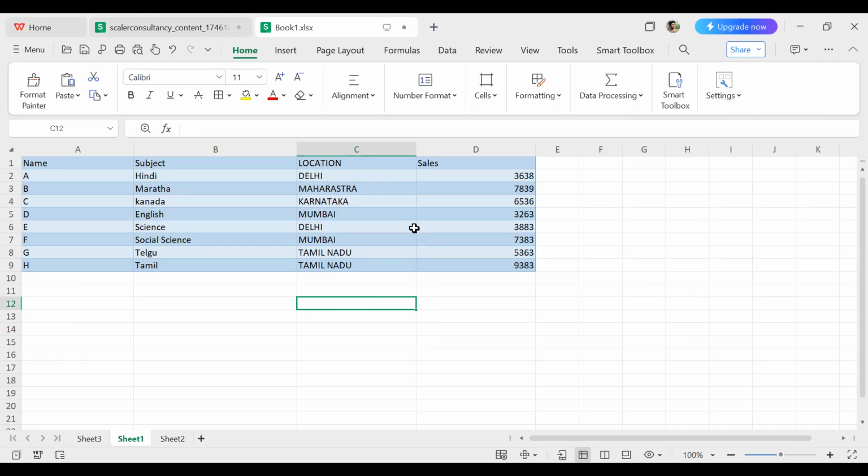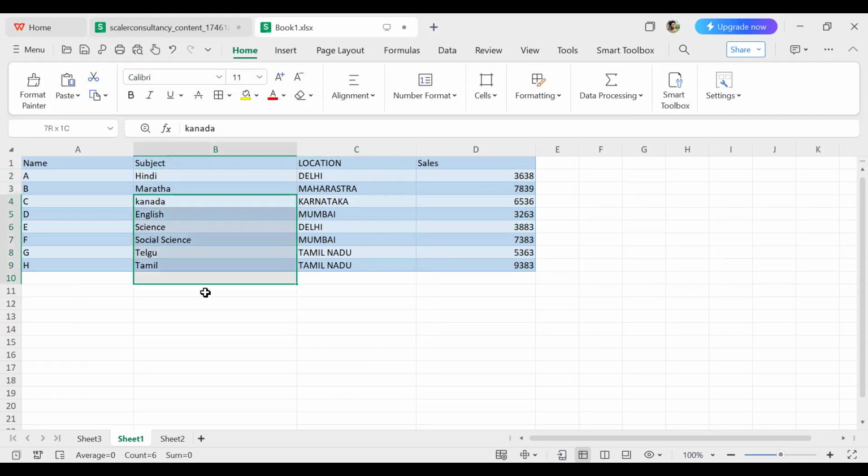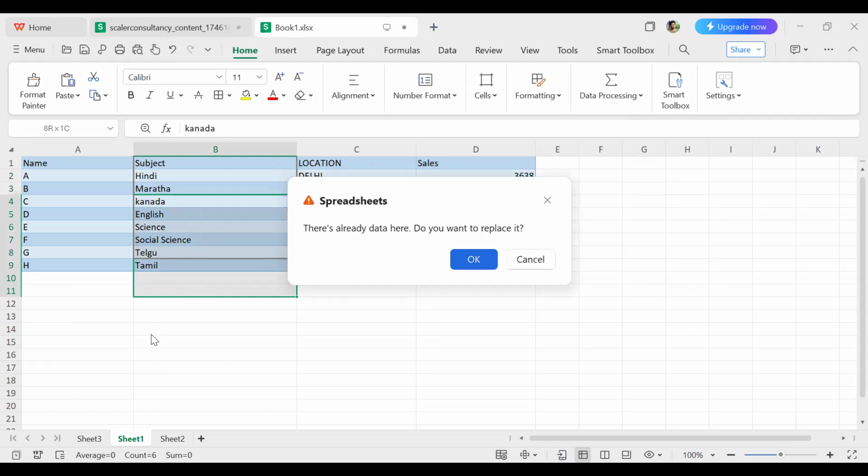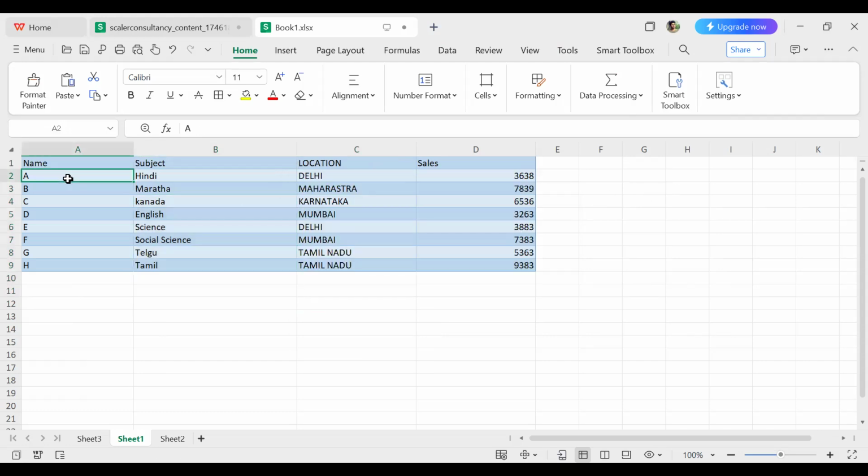Okay. So we have different locations, and with different locations we have different subjects, and different subjects can have different names. So now we can make this pivot table.